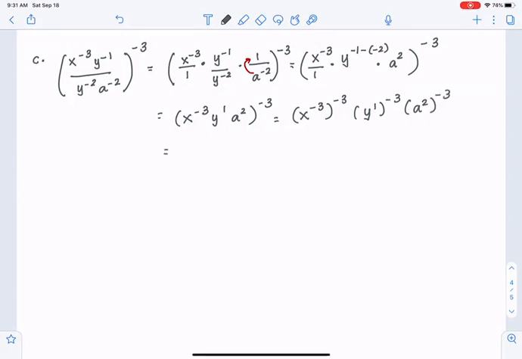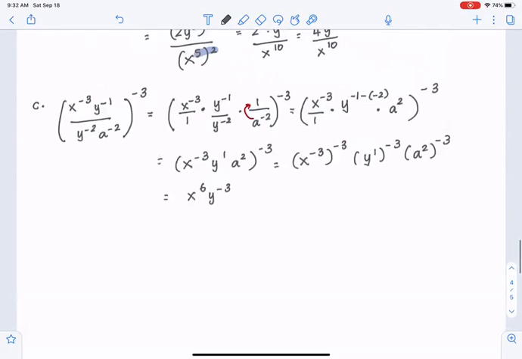X raised -3 times -3 is x raised 9. Y raised 1 times -3 is y raised -3. A raised 2 times -3 is a raised -6.